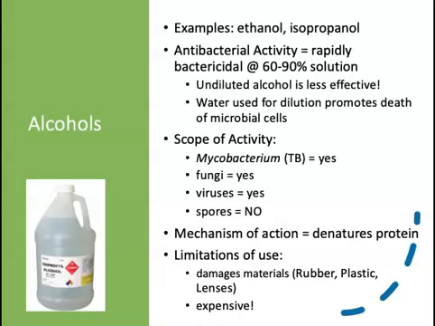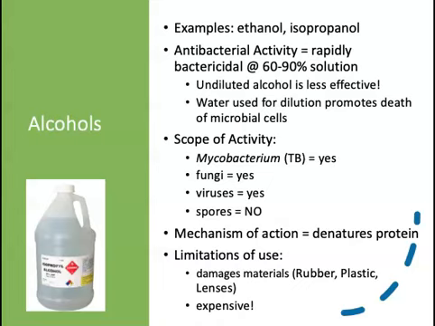There are lots of different alcohols available for disinfectant purposes on the market, including things like isopropanol or isopropyl alcohol, ethanol, and so on. If you recall from our early lectures in the course, alcohols are rapidly bactericidal, so they make great disinfectants for use in the microbiology lab.